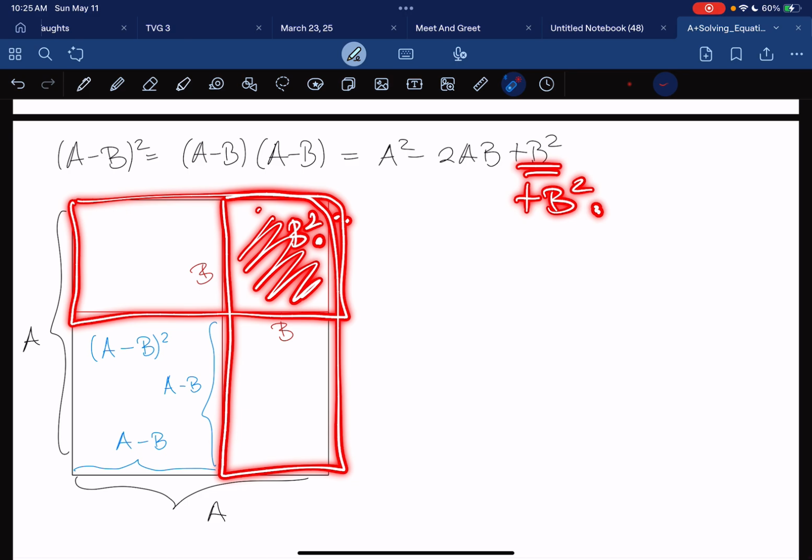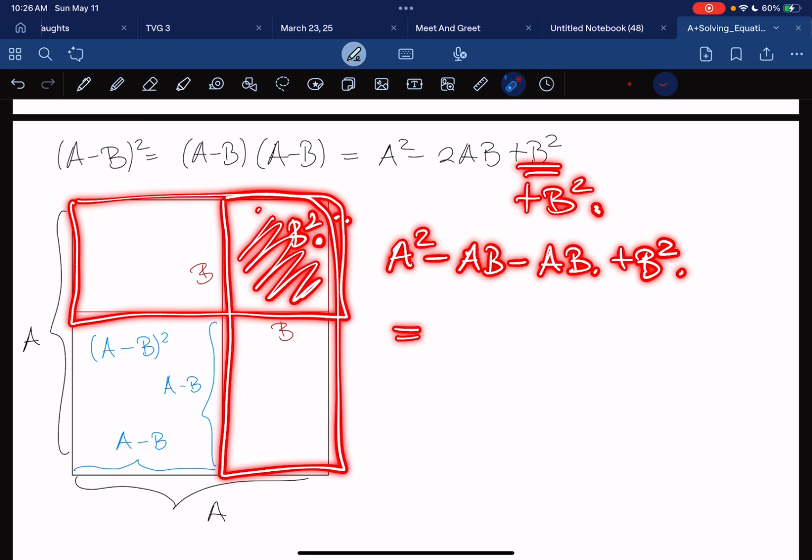So in total, what we have here is a squared minus the first area that we subtracted, ab, minus the second area that we subtracted, another ab. And then to compensate for over subtracting, we're going to add a b squared term. Okay, so we're left with a squared minus 2ab plus b squared.